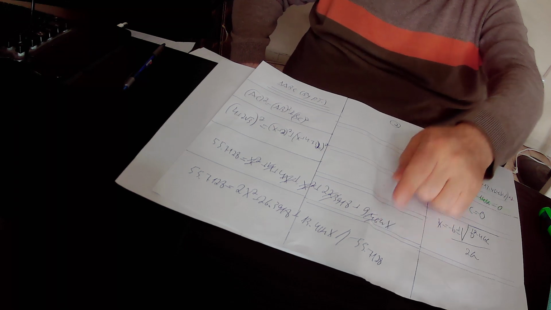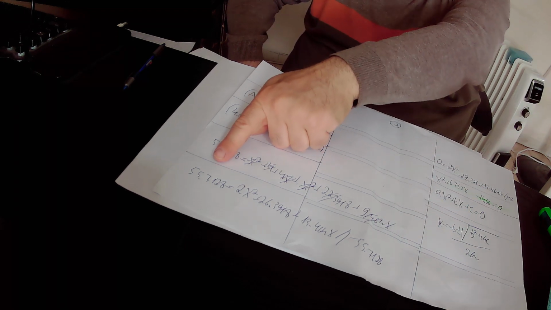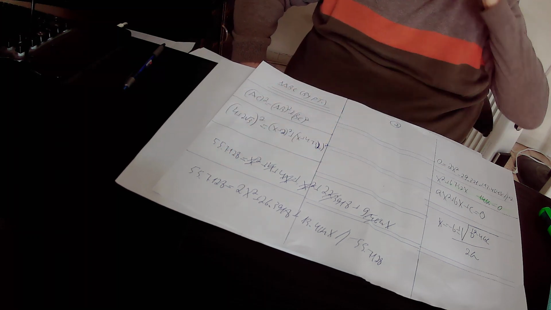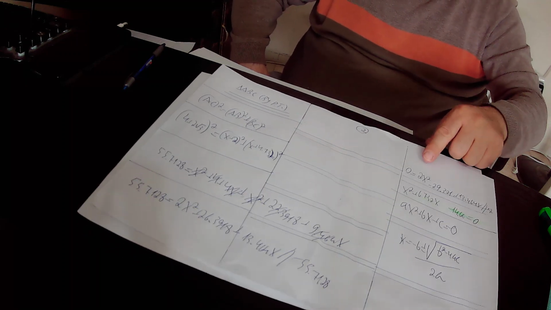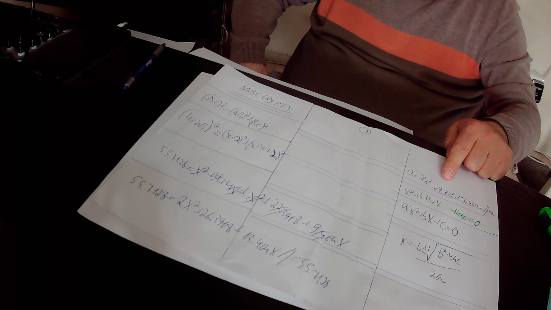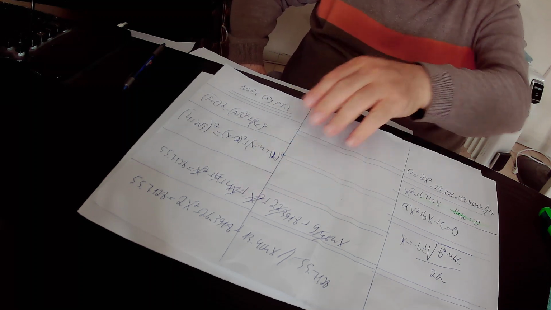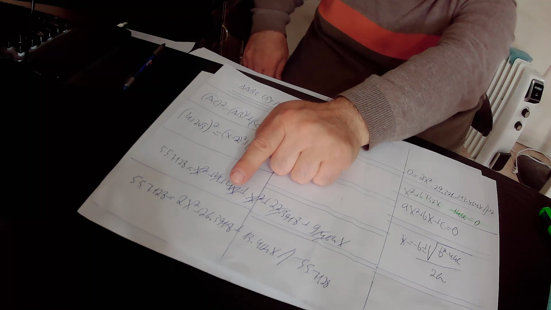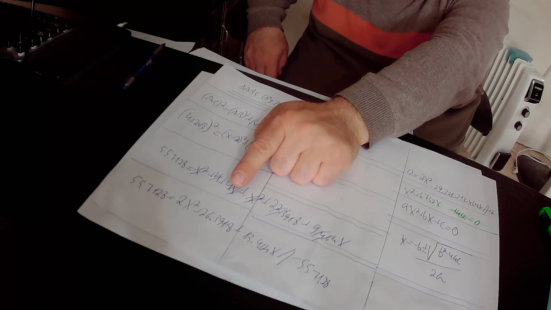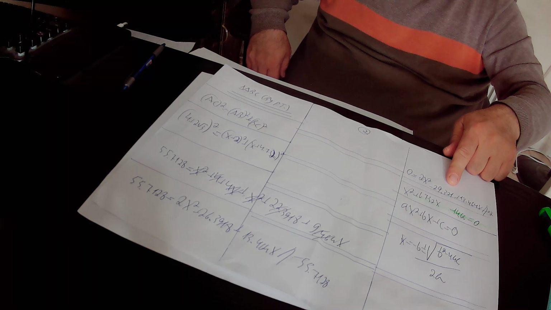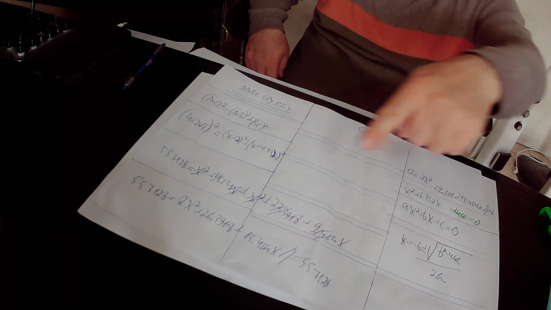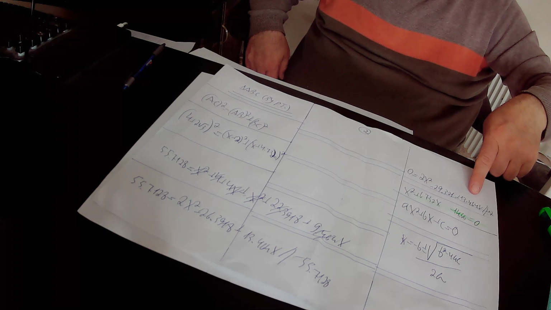Here we subtracted 55.7128 from this equation, and finally found that on this side of the equation we are left with nothing, that is to say 0. On the other side of the equation we have 2x squared, and 26.3918 minus 55.7128 equals minus 29.321, and we also add 13.464x.